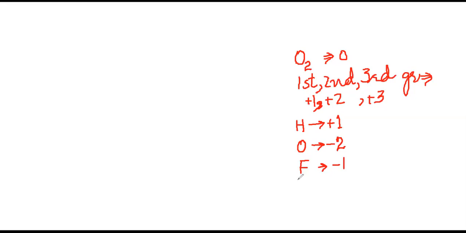Oxidation number of an ion is equal to the charge on that ion. For example, the oxidation number of iron in the Fe2 positive ion is plus 2.